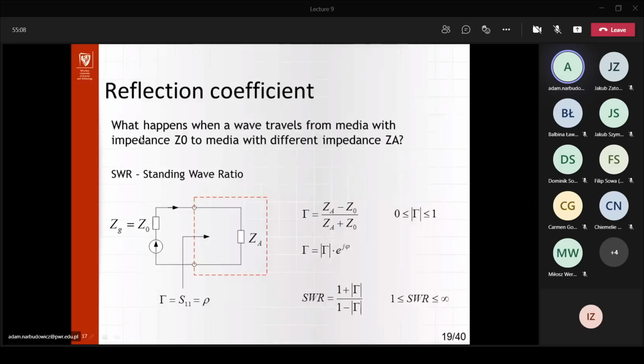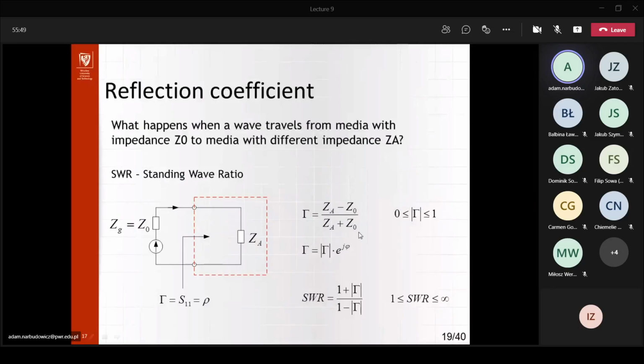Okay, and more or less, this can be calculated quite well using the reflection coefficient. So we have the reflection coefficient gamma here, and we simply applied this formula. ZA is in that case the load impedance. A stands for antenna, so this is the input impedance of an antenna. Z0 is the impedance of our cable, or it can be the output impedance of a transceiver, whatever you're connecting to our antenna.